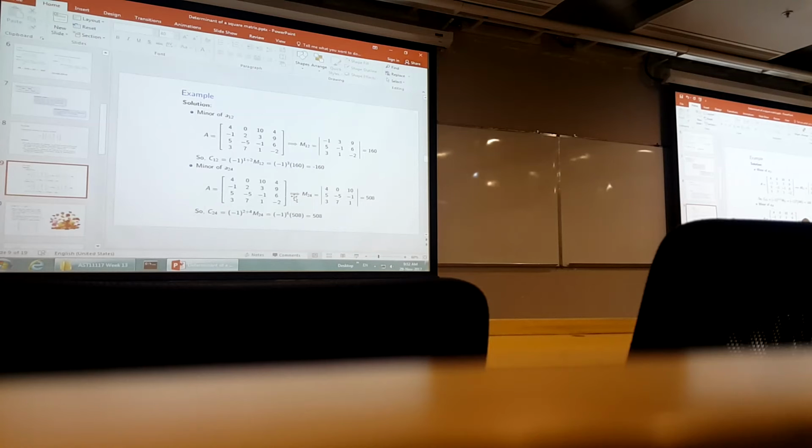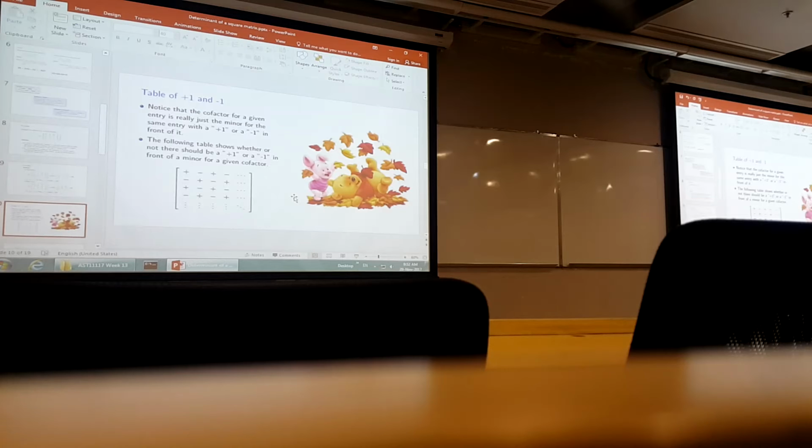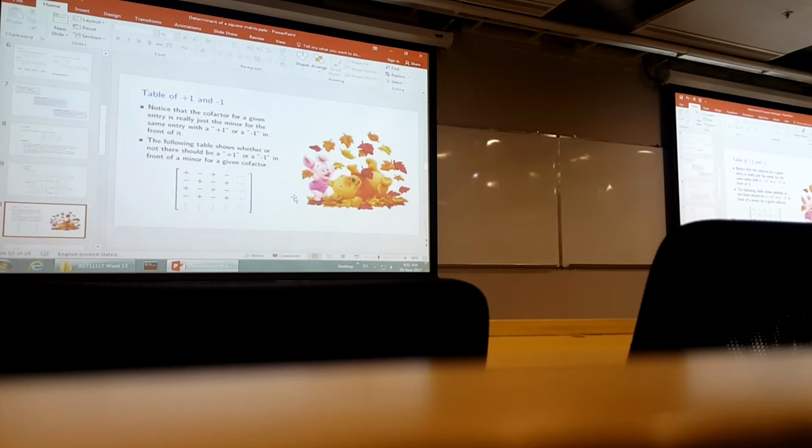How to make this change? It follows a pattern of this arrangement: alternating positive, negative, positive, negative. Impose this positive and negative pattern on the matrix of the minors.